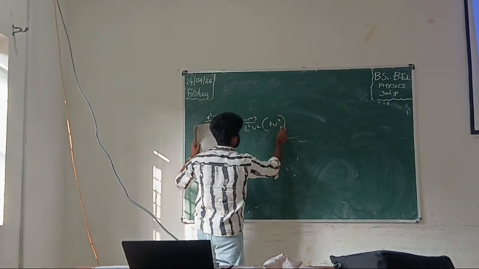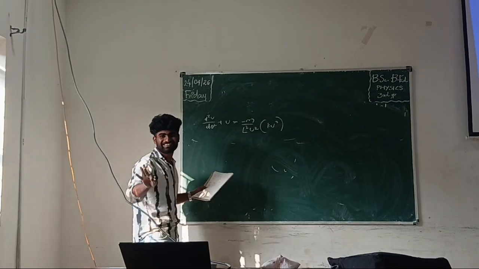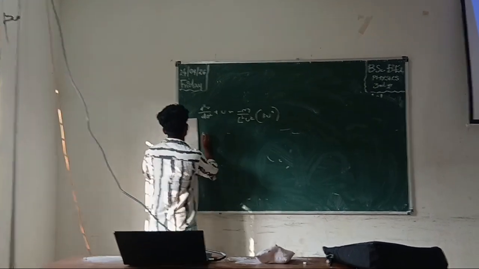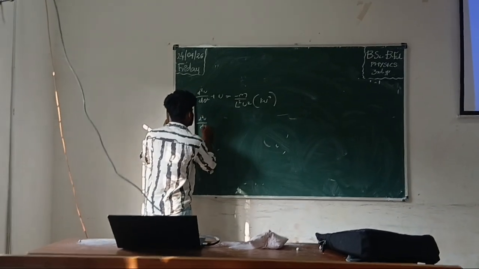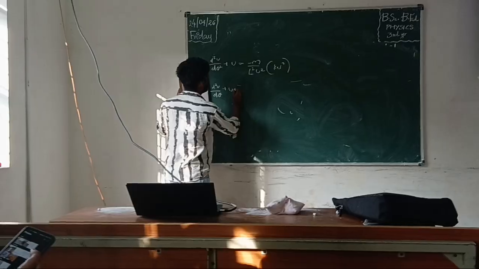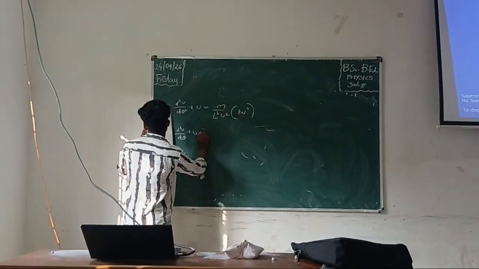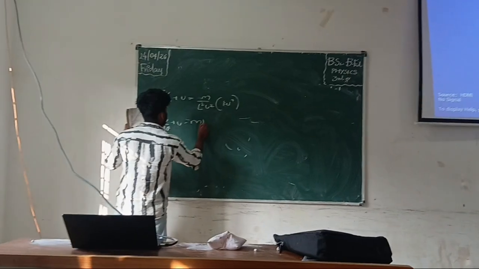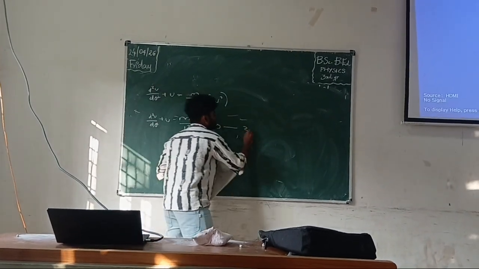So we put 2 in 1, and then we got d square u by d theta square plus u, taking this term to this side, minus mk by L square is equal to 0. This is the third equation.